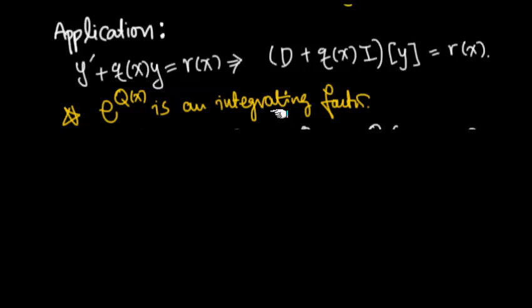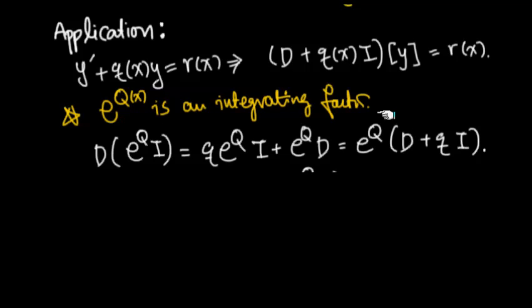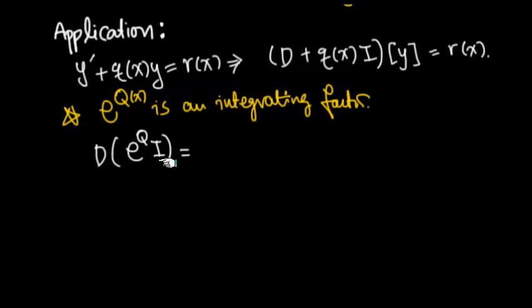So let's review that. In terms of operator algebra, it goes like this. After you multiply, the left-hand side becomes the derivative of something, coming out of the product rule. So I actually started from the product rule. If I have a function, represented by the identity operator here, multiplied by this specific function, where capital Q is the antiderivative of little q.